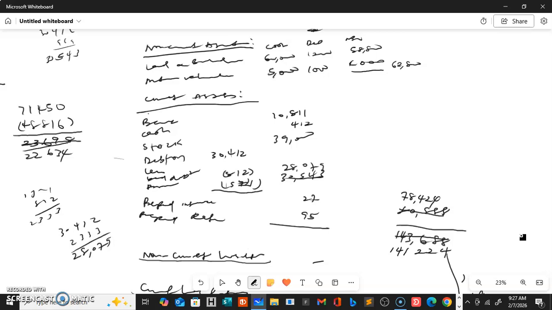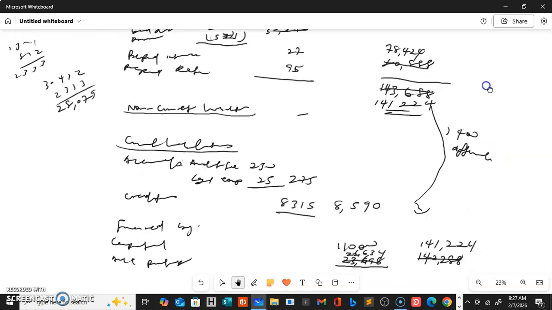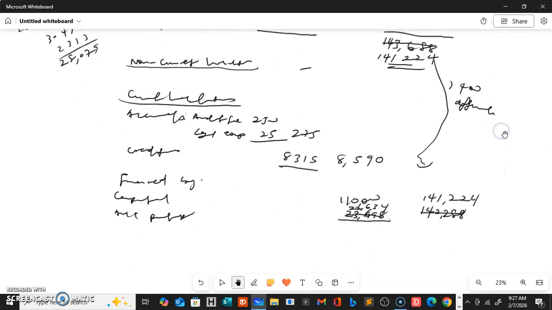So let me check that again. 8590 plus 110,000 plus 2264 plus 22634. So that's 141224. So right here we are good to go. So our account has now balanced.